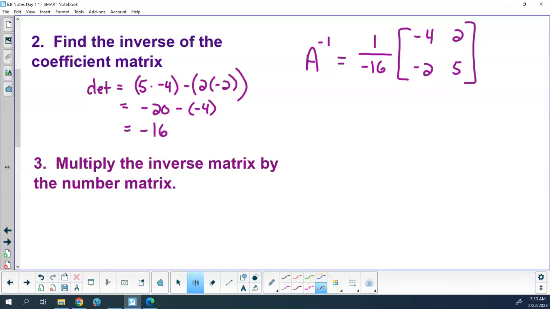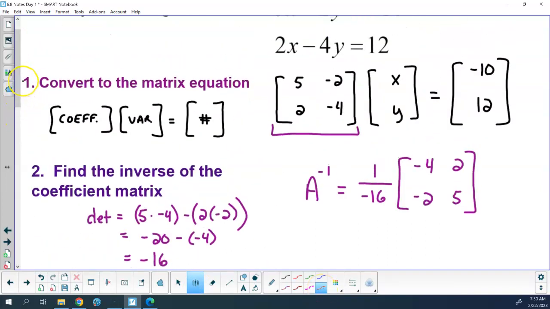let me scroll back up here for a minute. Okay? So if I multiply by the inverse over here, these two matrices will then cancel each other out, because when you multiply by an inverse, it cancels out to 1.